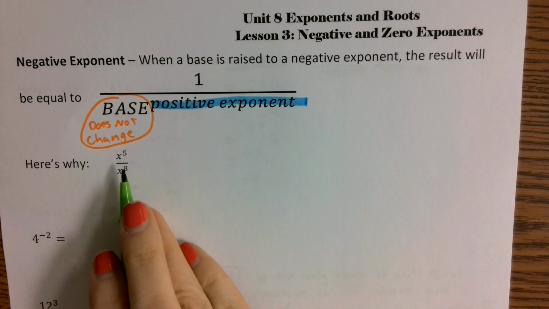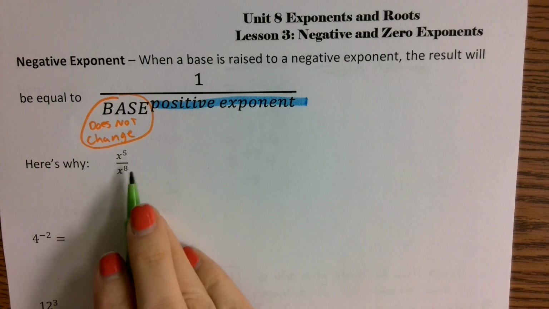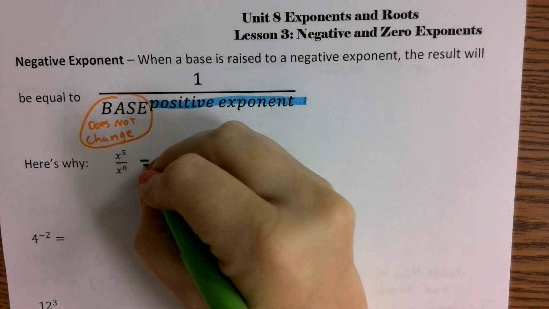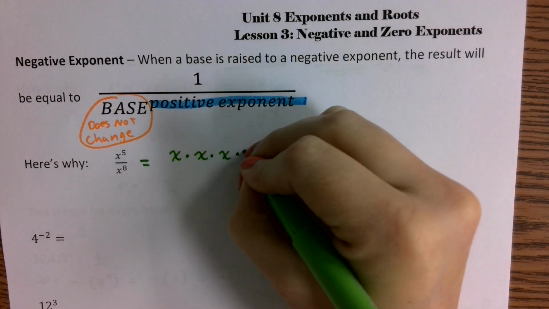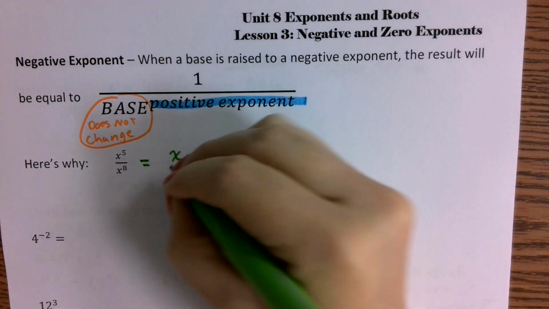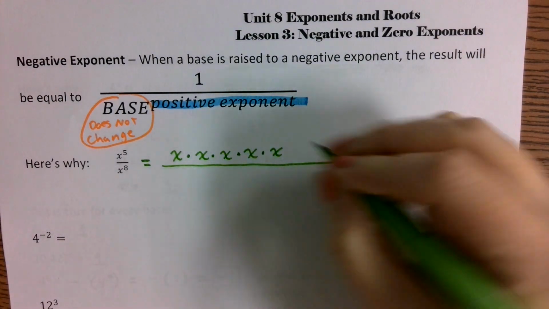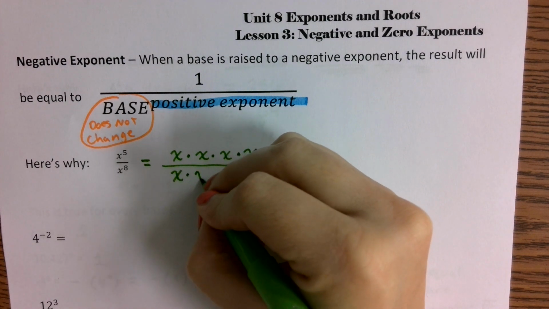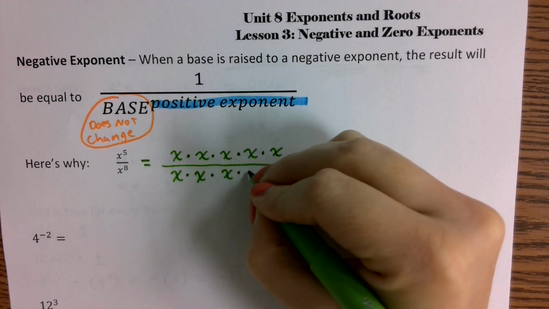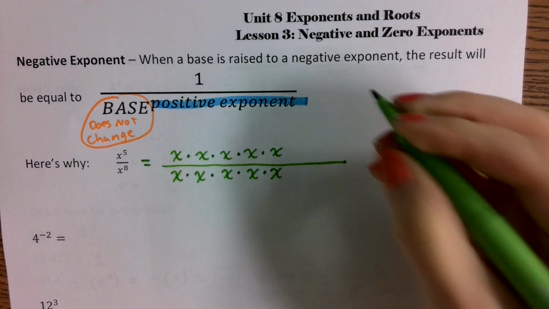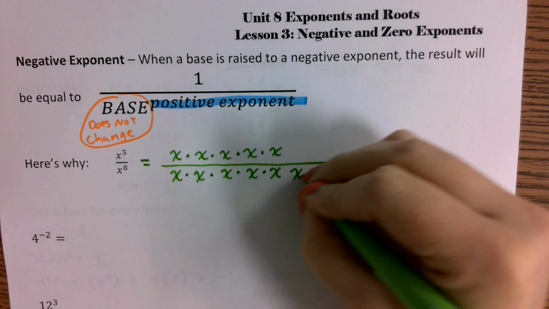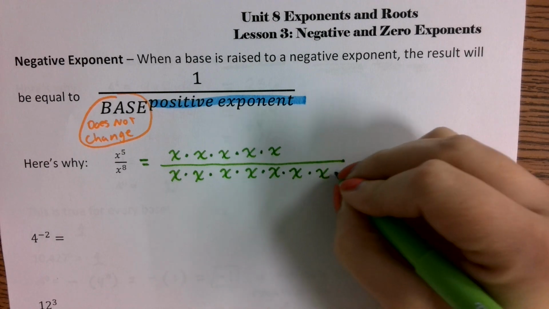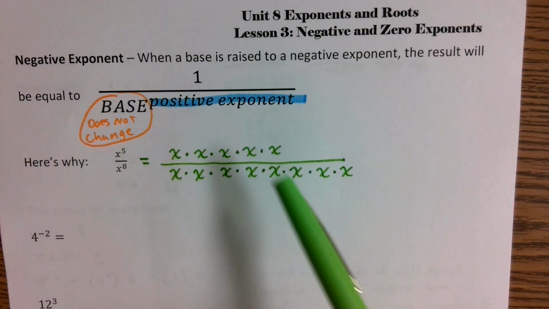So if we have x to the 5th over x to the 8th, we learned yesterday that essentially it's like we are canceling out x's on the top with x's that are on the bottom. But in this case, yesterday, you had more x's on top and less x's on the bottom. But here today, I'm showing you where you've got more x's on the bottom.